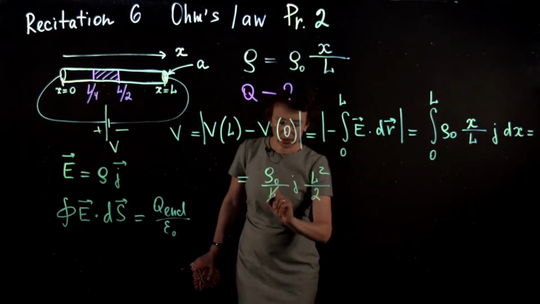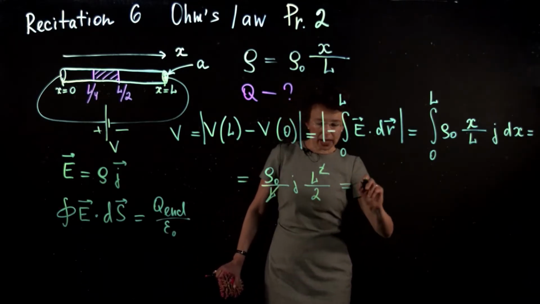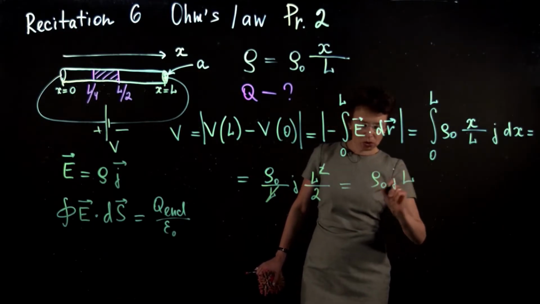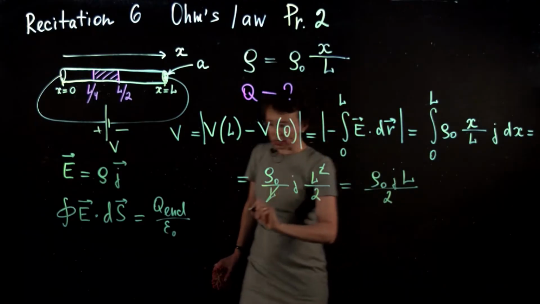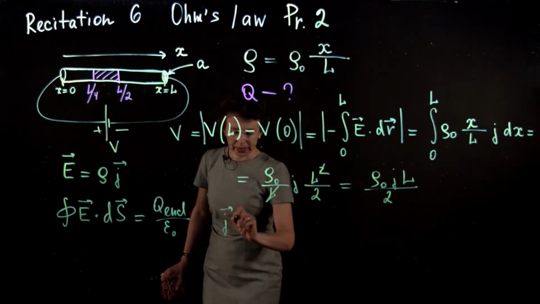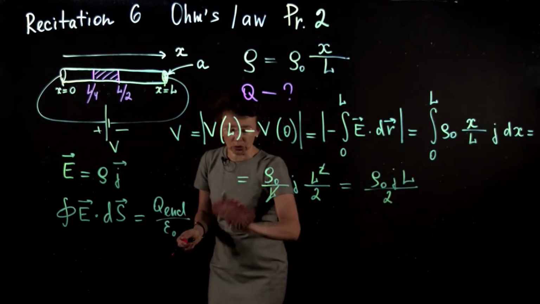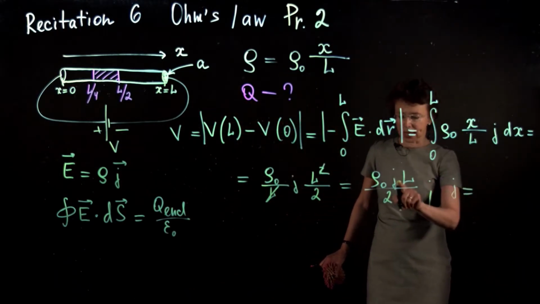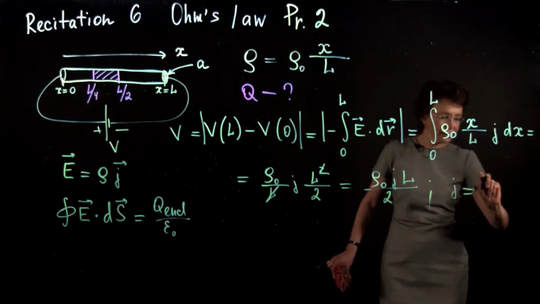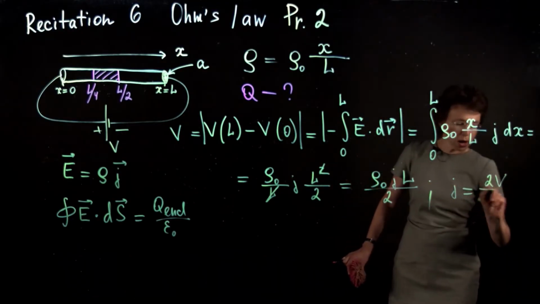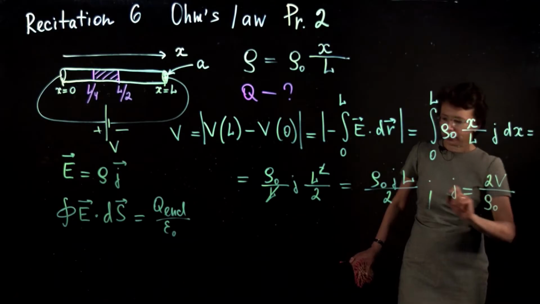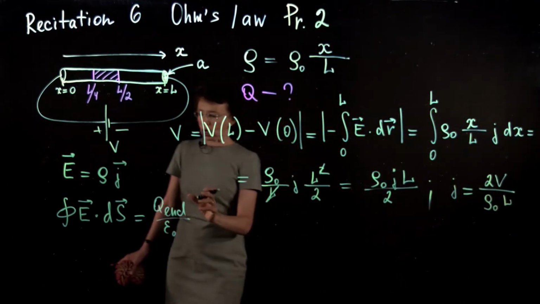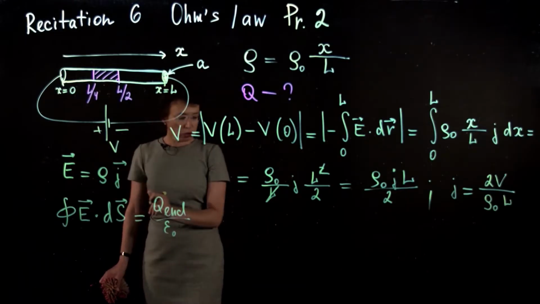I have rho naught J L over 2, which means that J, current density, is equal to 2V divided by rho naught L. Now we know J, we know the current density, we know the electric field.